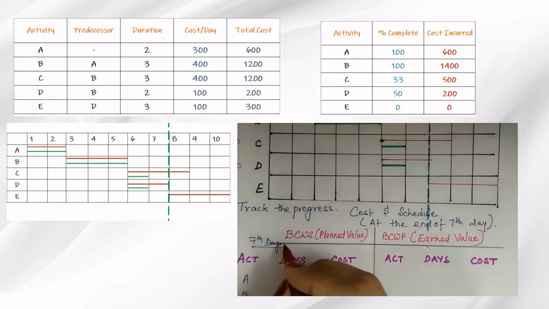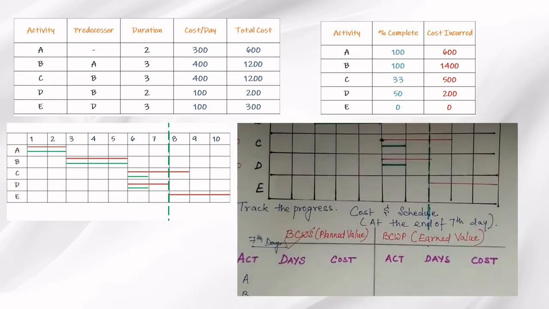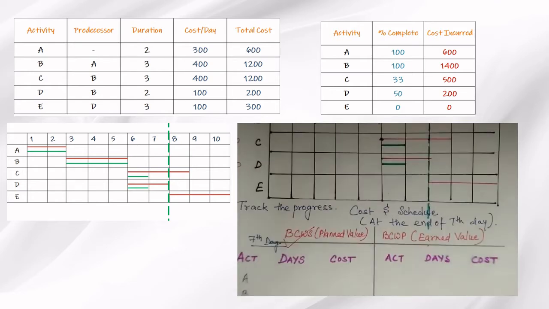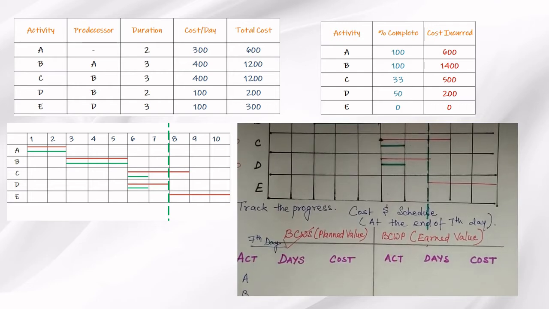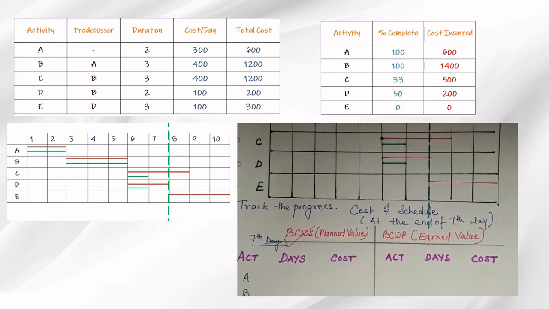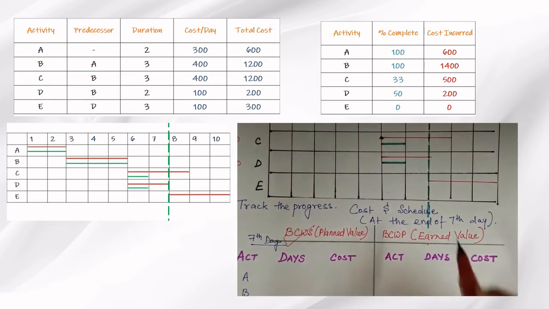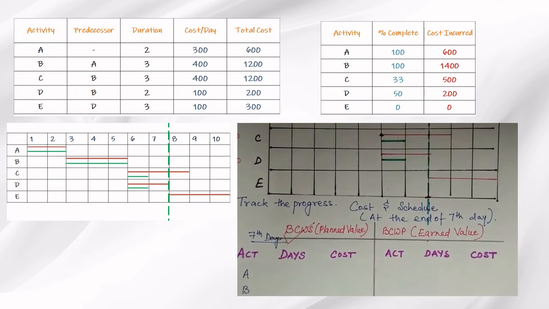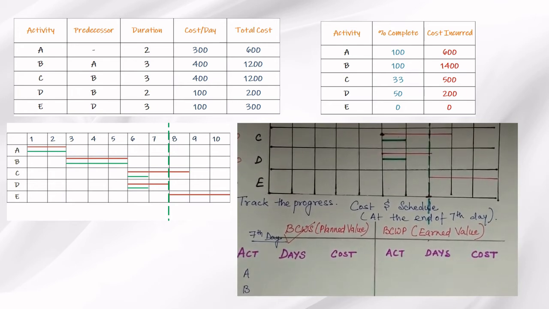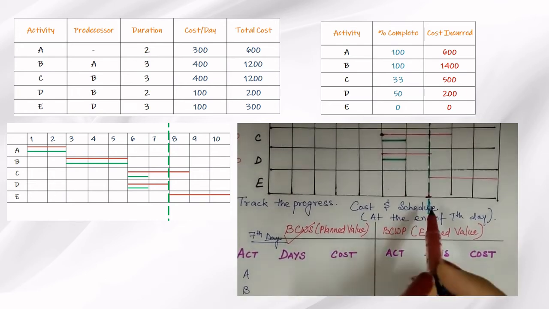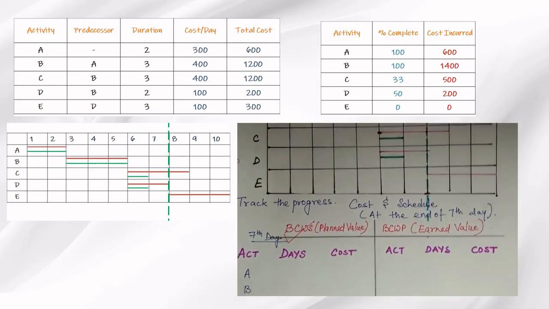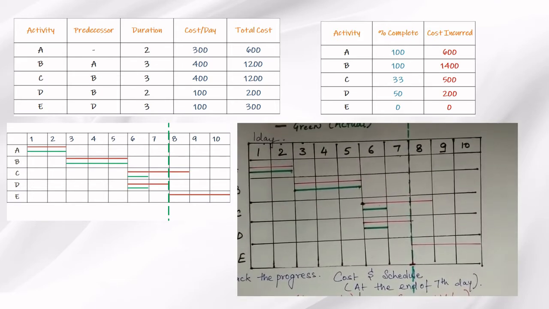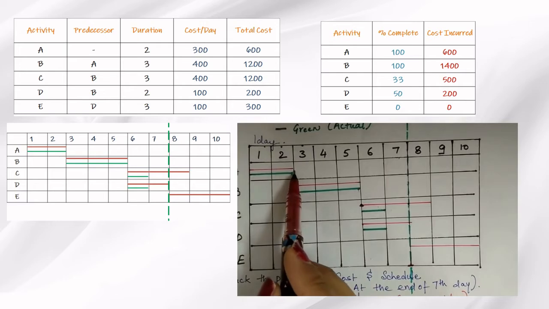So let's first calculate the BCWS, that is the planned value. The planned value is the cost that was supposed to be budgeted at the end of the 7th day. So let's see how much work has been planned at the end of the 7th day. In this Gantt chart you can see that A is 2 days complete.